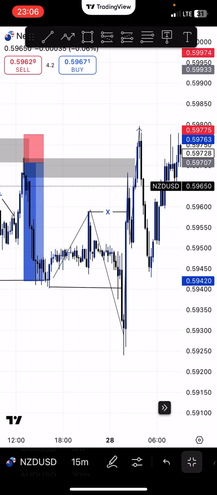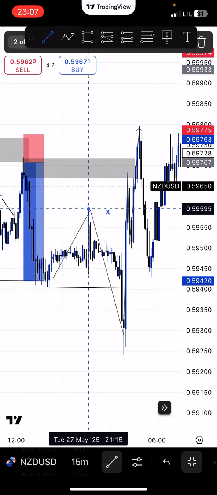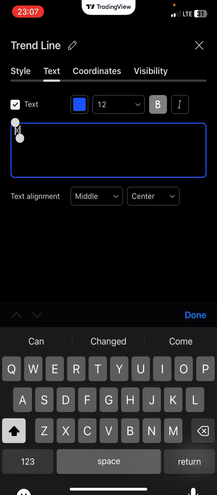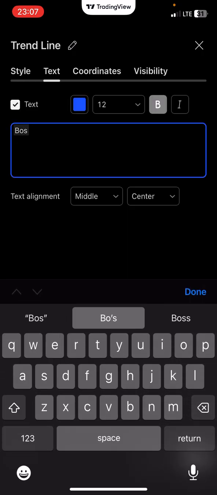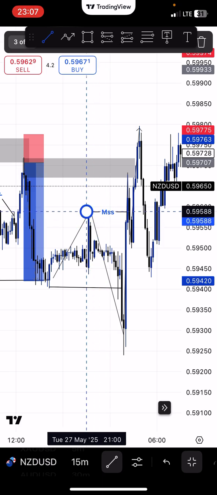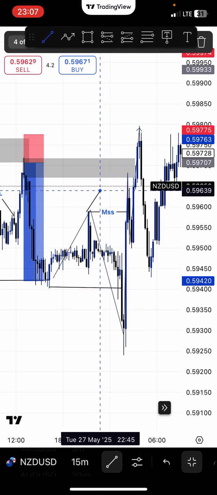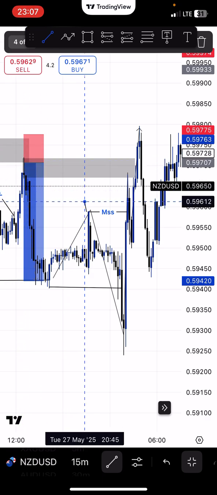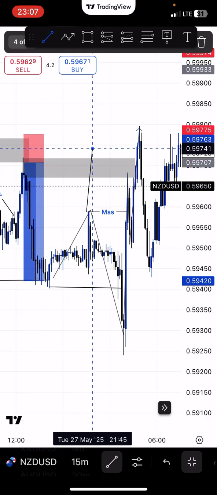That was when I confirmed that okay, fine, this is now a breakout structure, or a market structure shift, like others will say. I wouldn't have confirmed this as a market structure shift if this high wasn't taken out. So this high was taken out, so therefore this was confirmed as a market structure shift.